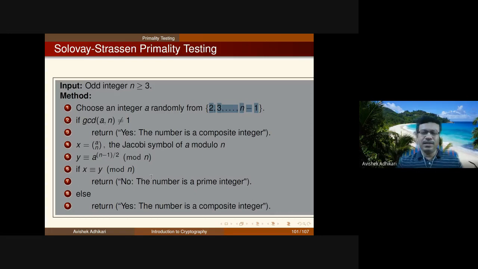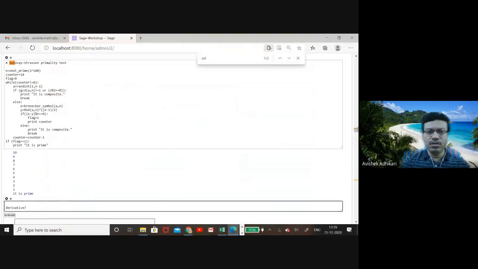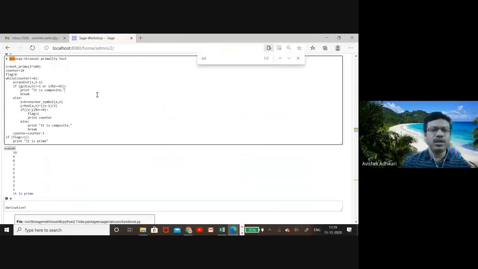So that is more practical, and for practical purposes, this is the process. There are a few probabilistic algorithm tests, and this is the Solovay-Strassen algorithm.